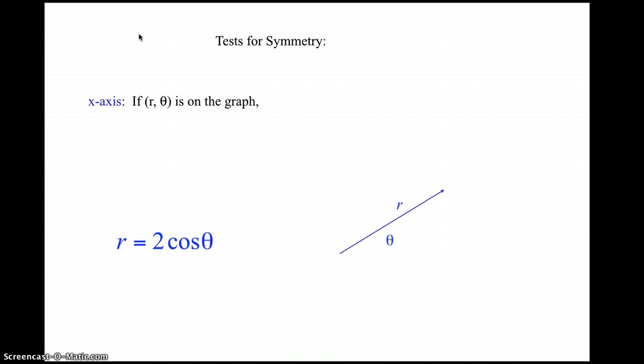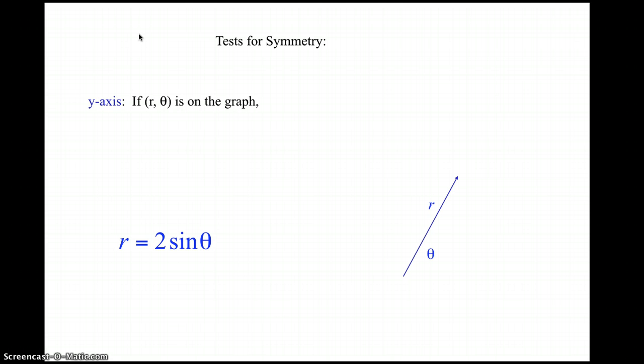In order to test for symmetry on the x-axis, for example, for r equals 2 cosine theta, if we had symmetry over the x-axis, the point r, negative theta would also be on the graph.